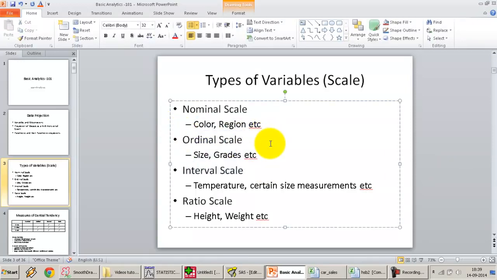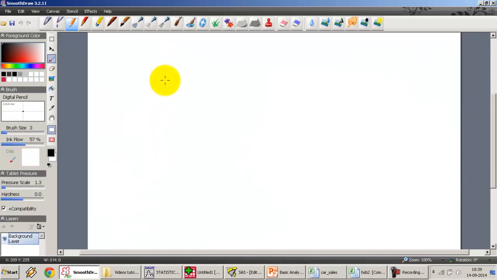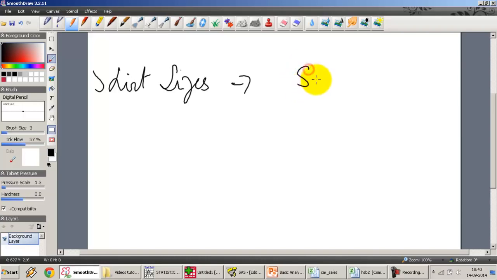Ordinal scale variables refer to those variables which have direction but don't have magnitude. An example of a variable that can have direction but no magnitude is shirt sizes. Typically, shirt sizes follow a universal sizing methodology, which can be, let's say, small, medium, large, extra large, and maybe very small.